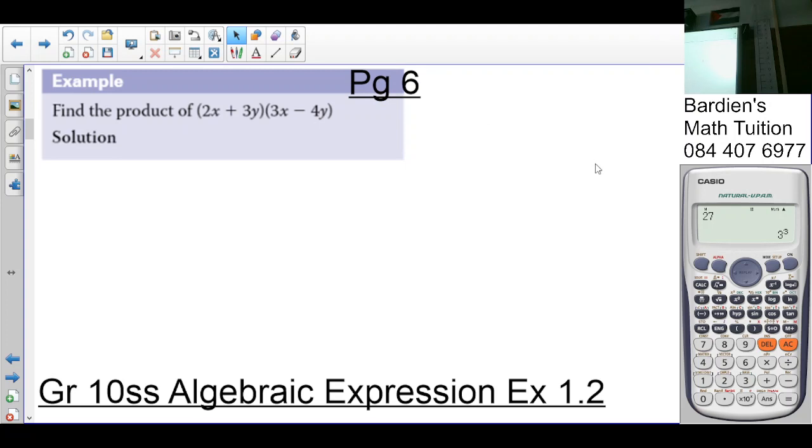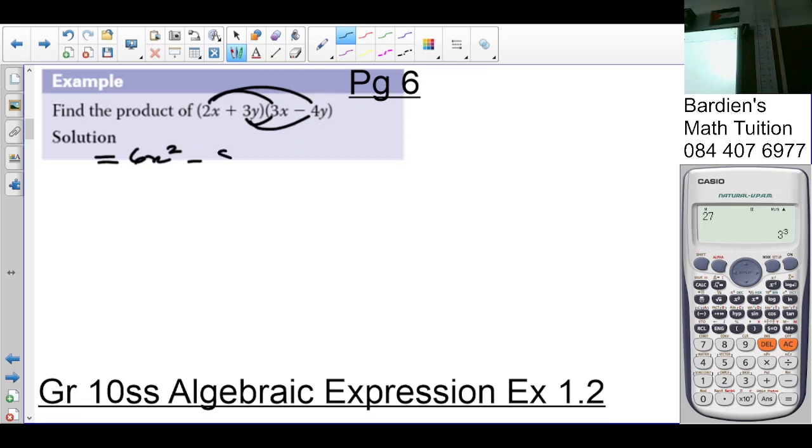Example 2. Again, we're going to get rid of the brackets by multiplying out using the FOIL or distributive law. 2x times 3x is going to give you 6x squared. 2x times negative 4y is negative 8xy. Basically they're looking at the shorter version here.